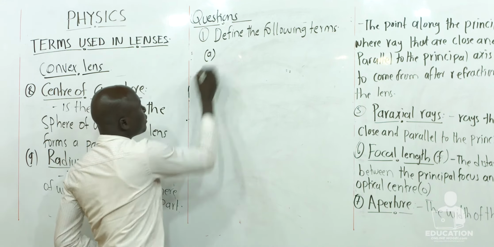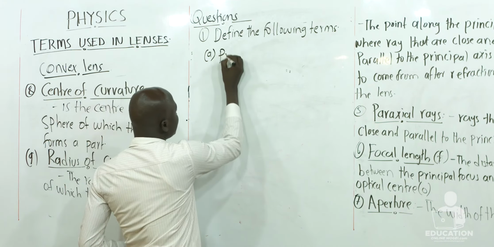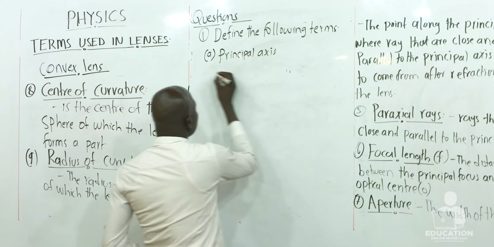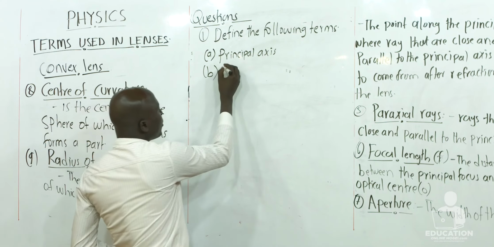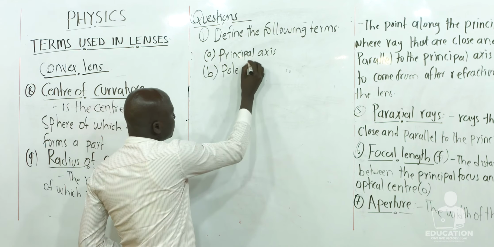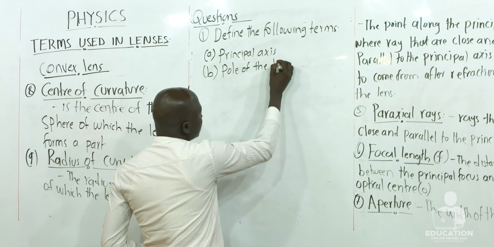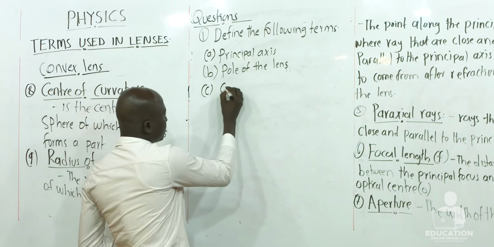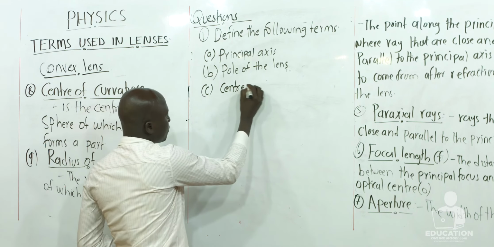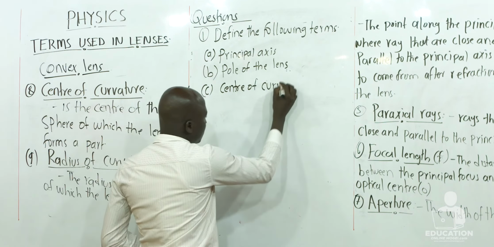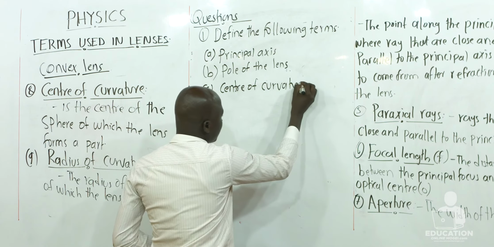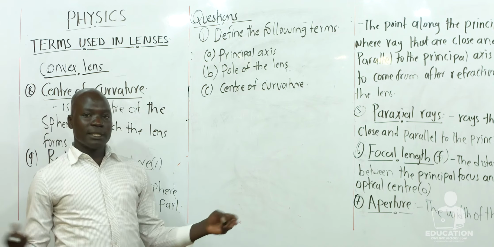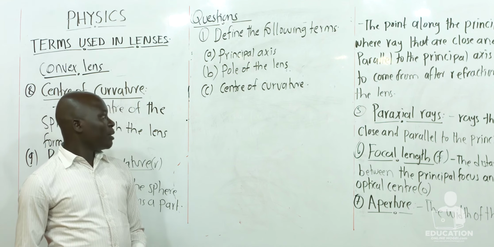A. Principal axis. B. Pole of the lens. C. Center of curvature. And many others. So they can ask you to define any of these terms that we have listed down.